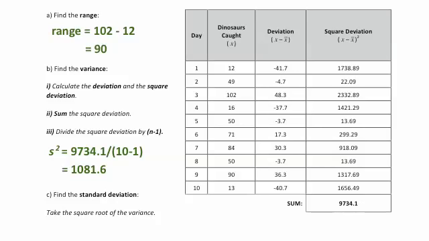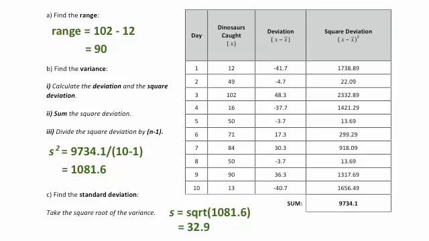Now we want to find the standard deviation, which is just the square root of the variance. Taking the square root gives us s, the standard deviation, with a value of 32.9.